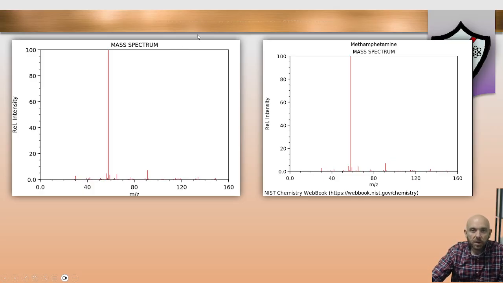So while you can't put a completely unknown molecule in the instrument and have it just spit out the identity, it does generate data that, along with other applications of our techniques, the IR and the NMR, do lead to the discovery of the identity and structure of completely unknown molecules. And we'll talk about in the rest of this presentation the other things we can learn about the fragments from these mass spectra.